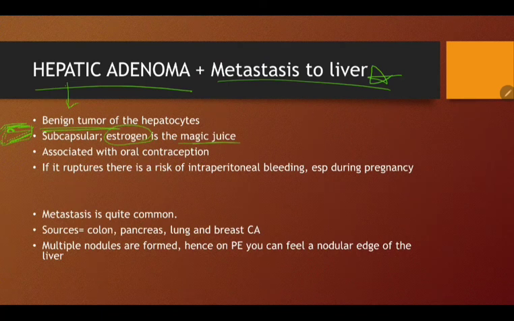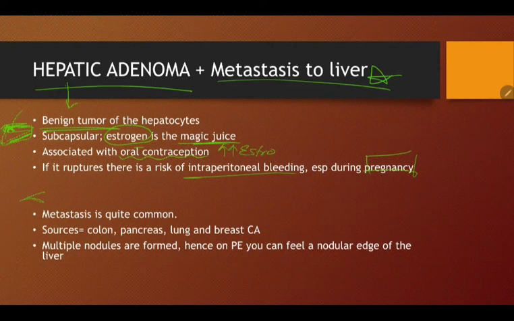Estrogen is the magic juice, which means that it's usually associated with women on oral contraception, because there's an increased amount of estrogen, and so there's increased chances of growth. If it ruptures, if it goes through this and breaks out, there's a chance of intraperitoneal bleeding. So you need to be aware, especially in pregnant women.